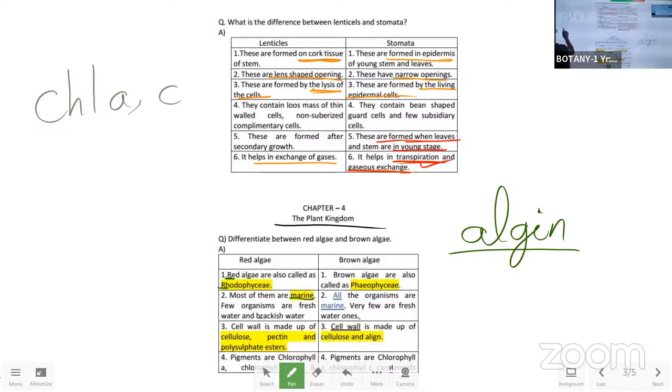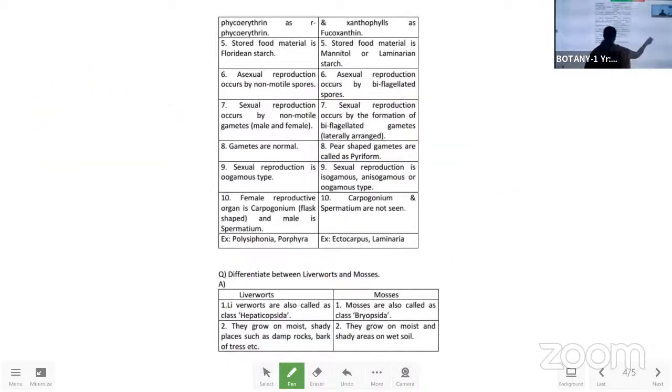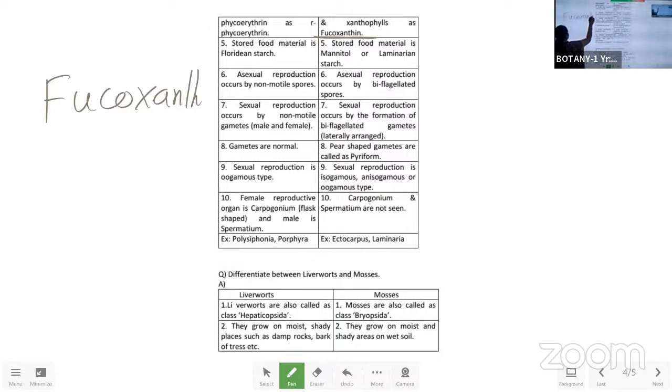Apart from that, chlorophyll c is present. Then it is having the phycoxanthin. Carotenoids are present, and then it is having the fucoxanthin in it. Xanthophylls of fucoxanthin give the brown color for the algal members.